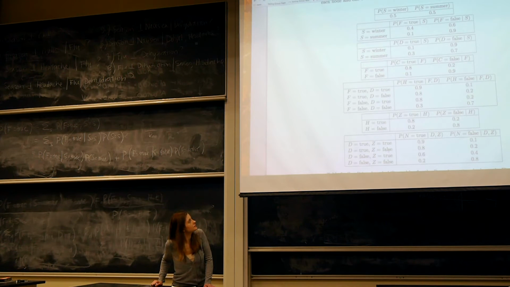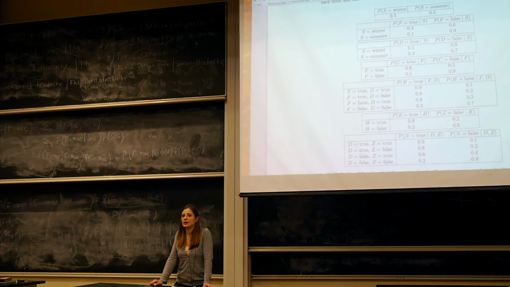So let's suppose now we want to calculate the probability that flu equals true given season equals winter, again with the MLE. Take all the data points where S is equal to winter, then find which cases have flu true, divided by that.